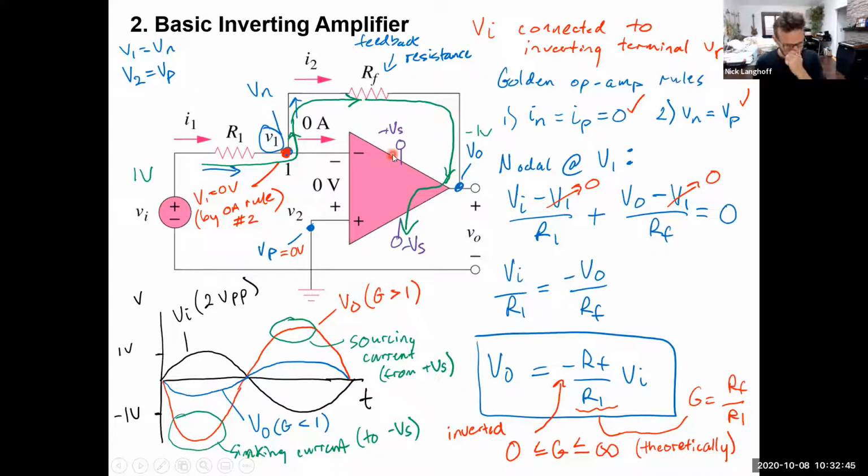On paper, we could design something where an op amp is supplying 10 amps of current to some load. That's not realistic. If you actually wanted to provide 10 amps of current to a load, you would use an op amp in conjunction with some other kind of amplifying device, like a transistor.